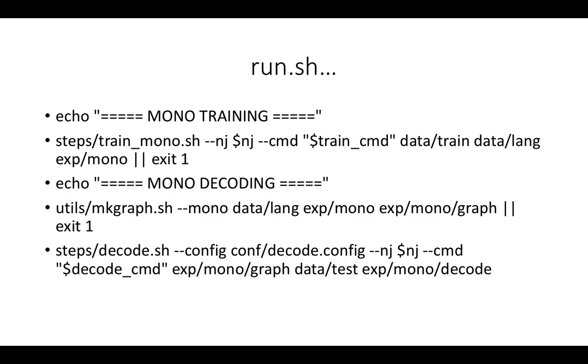Okay, so once we are done with the previous steps, the next step is to train a speech recognition system using the train mono command, which is a simple command used for training an HMM based speech recognition.